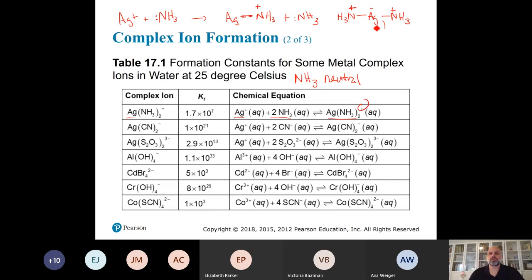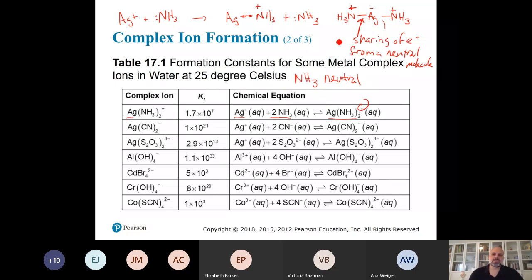But what you form is this complex, and what we're talking about with a complex is sharing, a sharing of electrons from a neutral molecule. So when we're talking about complex ion formation, it's because we're making bonds by sharing electrons from neutral molecules.